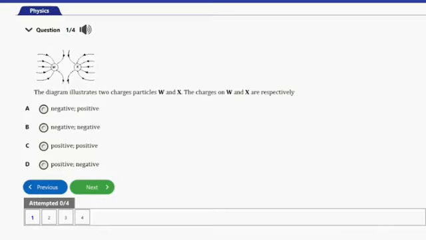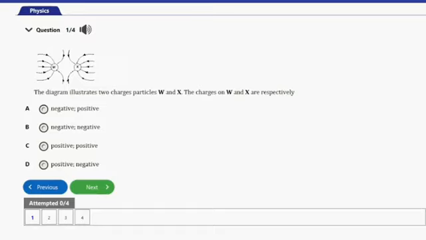That's negative, negative. Let's bear in mind that conventional current flows from the positive to the negative terminal. If you look at this diagram, you see all the arrows pointing towards the center, and that shows that the center charge is negative.